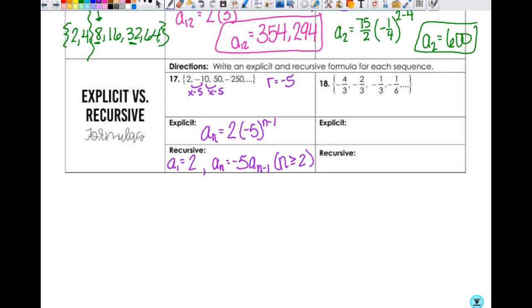Explicit allows you to substitute in any n. Recursive means you have to know the terms before it. Okay? Y'all do 18. Make sure you understand the difference between recursive and explicit. Should be fairly simple here.